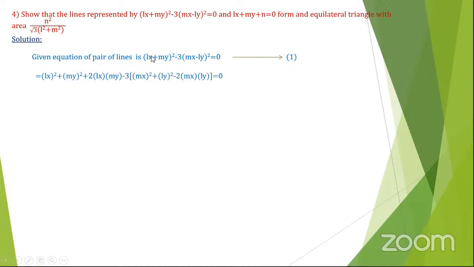Now, this is in the form of Lx plus my. It is in the form of a plus b whole square. So we are expanding it. That is, a plus b whole square can be written as a square plus b square plus 2ab. And this mx minus ly is in the form of a minus b whole square. And we know the formula for a minus b whole square.